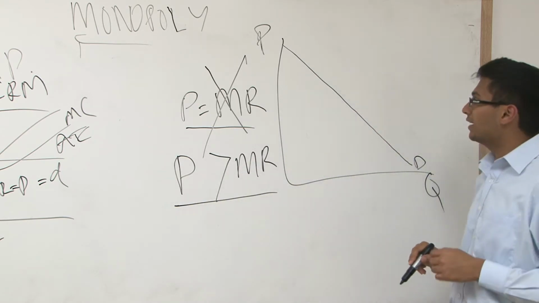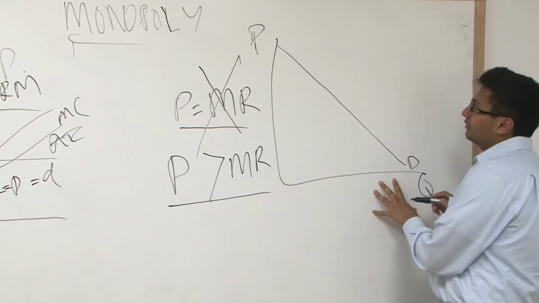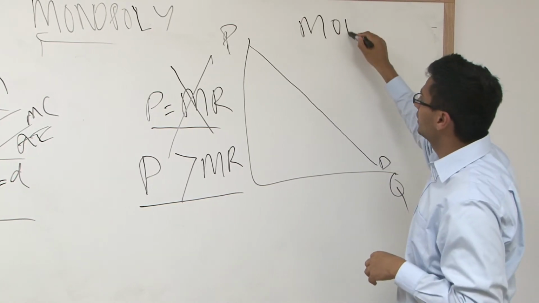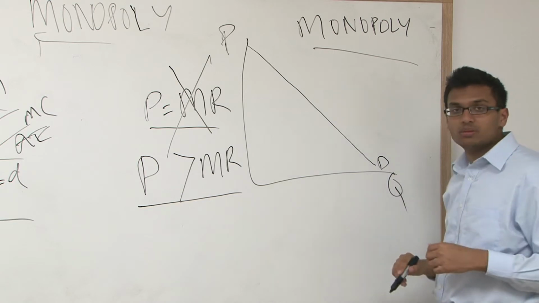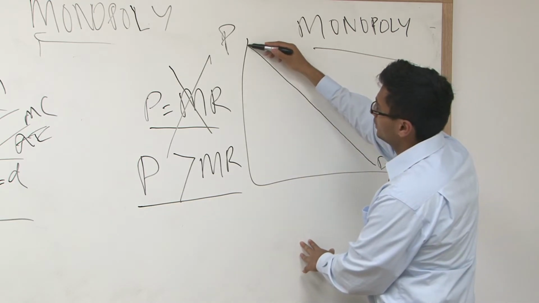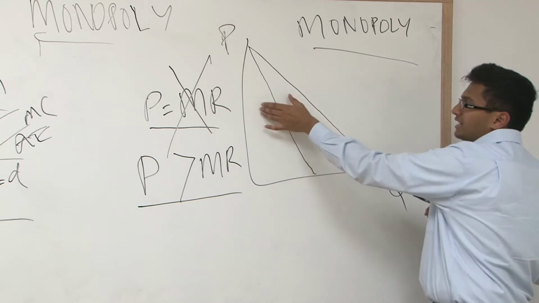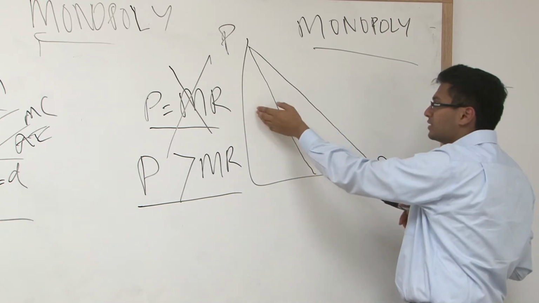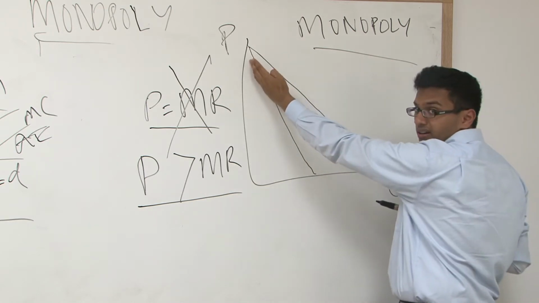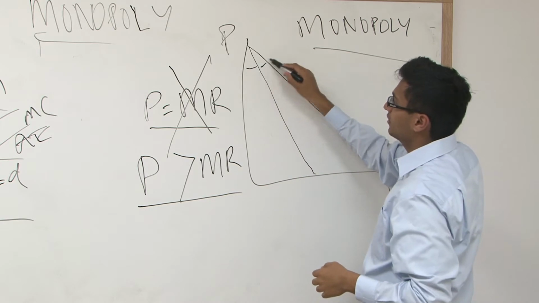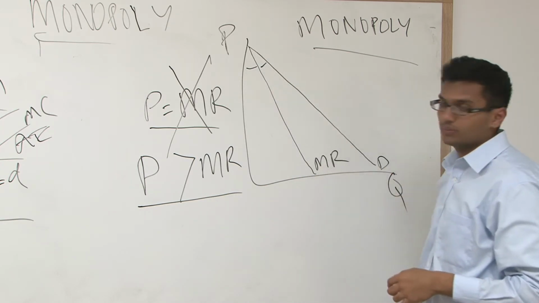And for that reason, this is a monopoly, and the way it's going to look is that the marginal revenue is going to split and dissect this angle right here. Everyone see that? I first do the demand graph, and I'm dissecting the angle. The way you draw it is going to be even, and this is going to be your marginal revenue, MR.